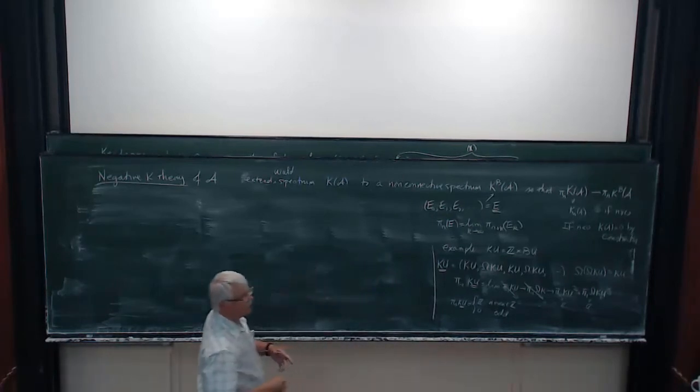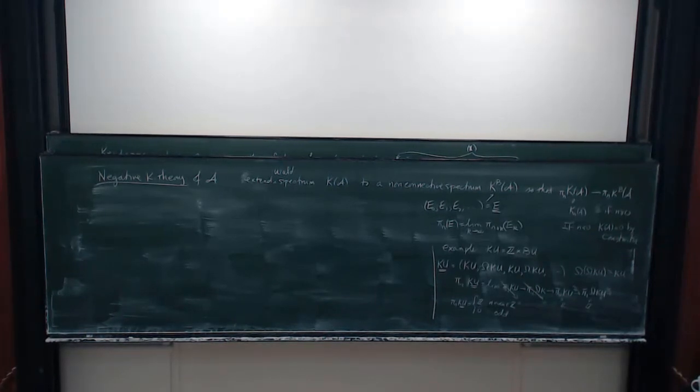So this is the difference between a connective spectrum, which are the things that Waldhausen constructed using the S dot, the wS dot to the n, and the negative groups.